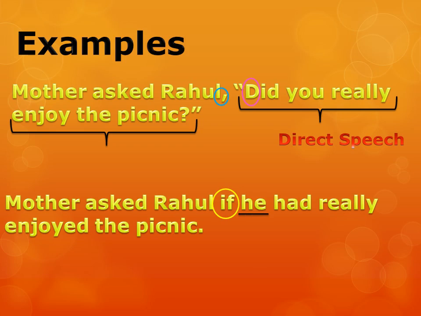Then you has been changed to he. And the tense has been changed to had enjoyed. So this clearly depicts that it is indirect speech. I hope, children, the concept is now clear to you.